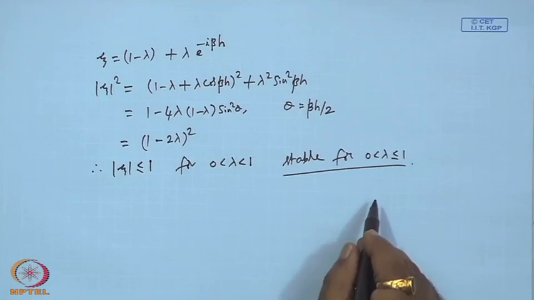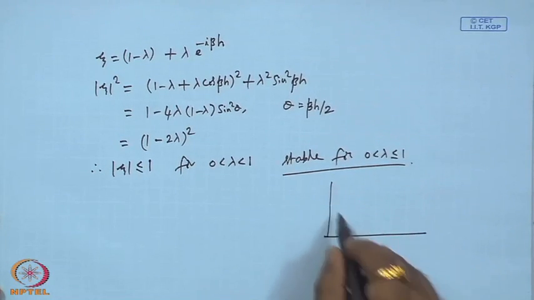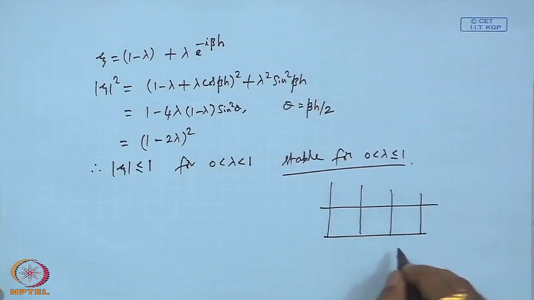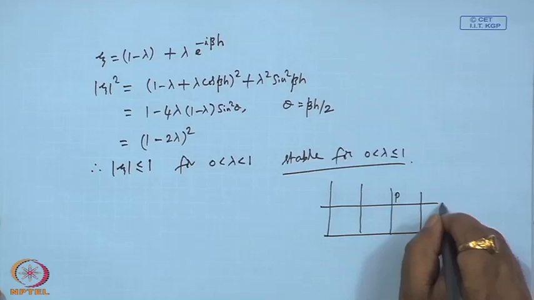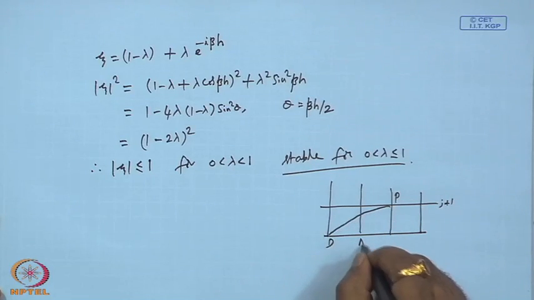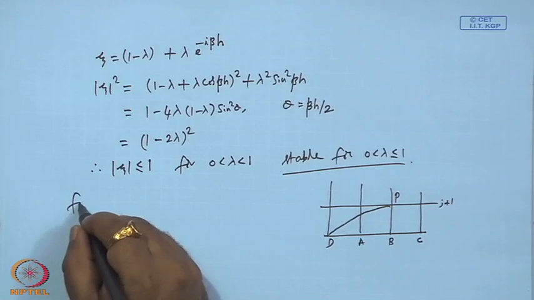So, this can be also explained via a CFL condition, because what is inferred using CFL condition, this is P and this is D. Okay. So, what is inferred for convergence?